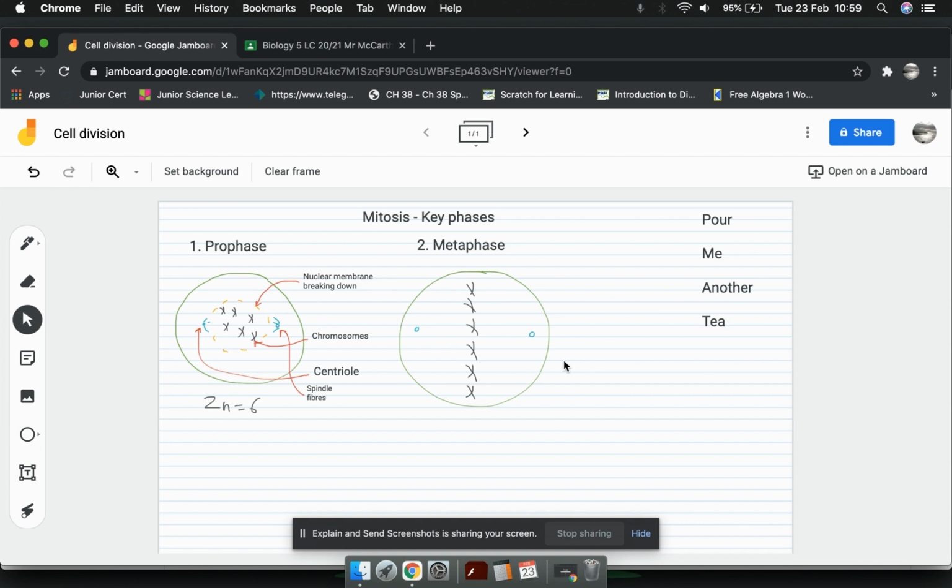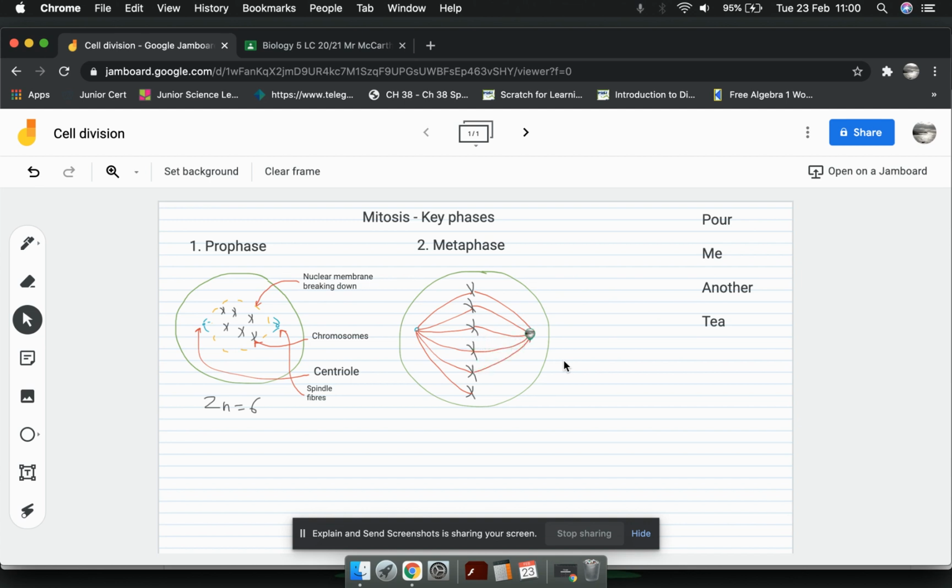These string-like structures are connected to the centrosome of each of the chromosomes, so we're going to draw lines connecting to the centrosome of each individual chromosome. They're almost like thread-like structures you'd find in a web. Their purpose, and we'll be talking about that in a bit, is to pull apart these chromosomes.